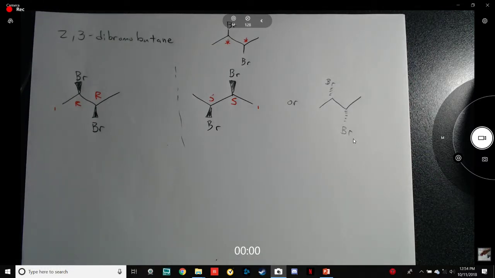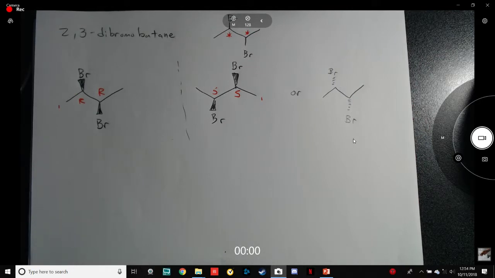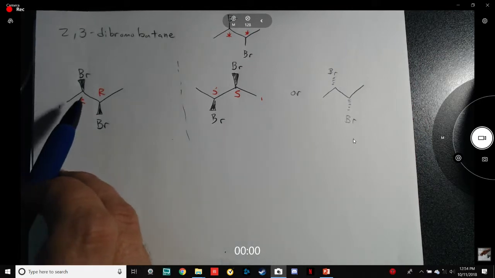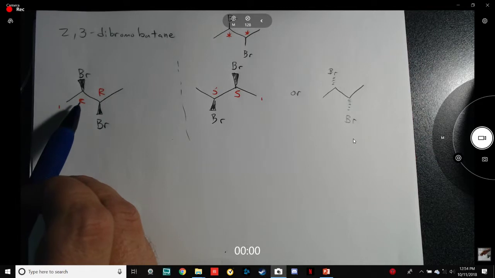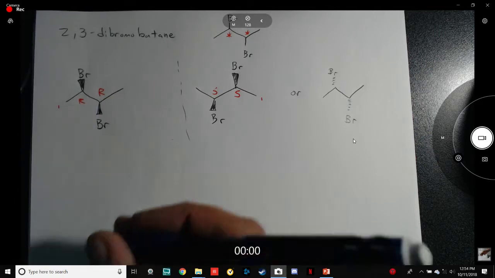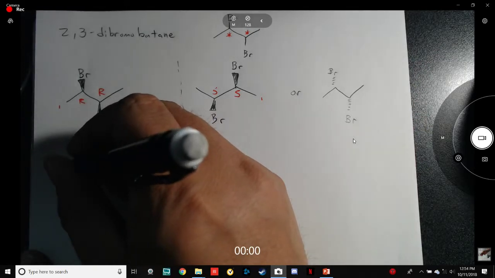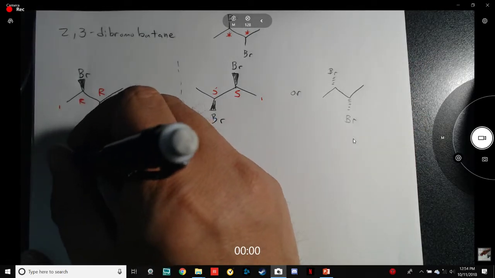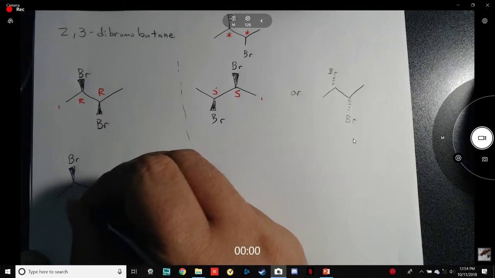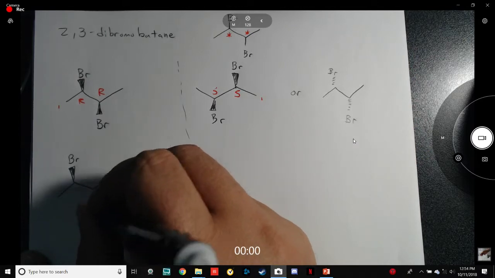Okay. All right, going downward. What I'm going to do now is leave one of them the same, but change the other one. I'm going to arbitrarily choose to leave the one at carbon 2 the same, but the one at carbon 3 was flipped.